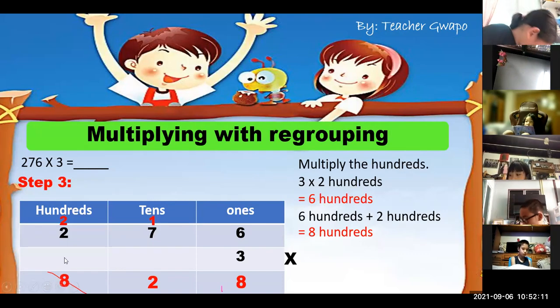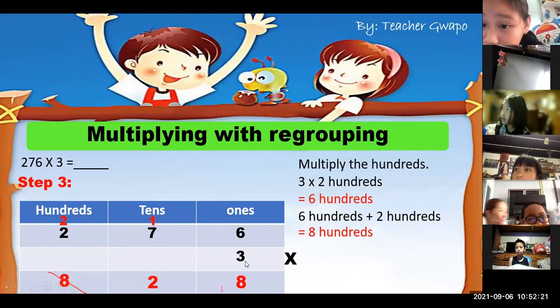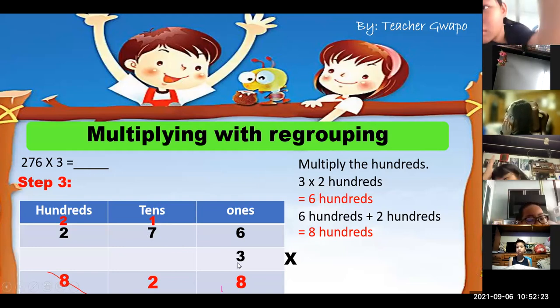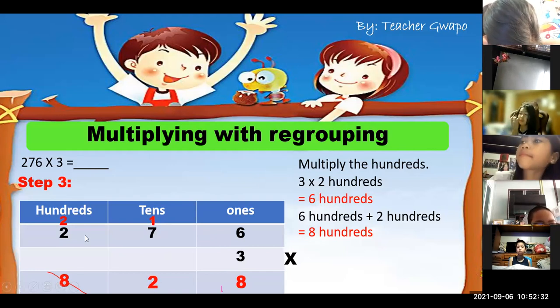Okay, do you understand? 6 times 3 is 18. Write 8 in ones place, and then 1 ten in tens place. And then 7 times 3 is 21 plus 1 becomes 22. So write 2 in hundreds place.